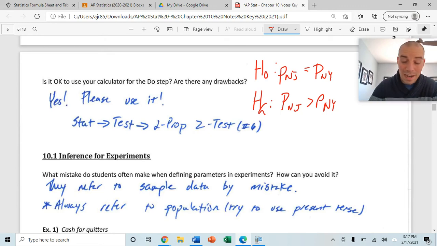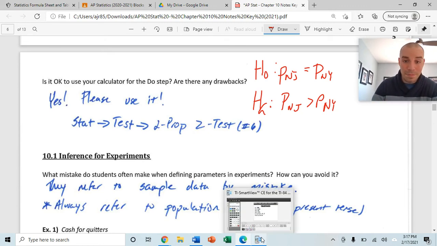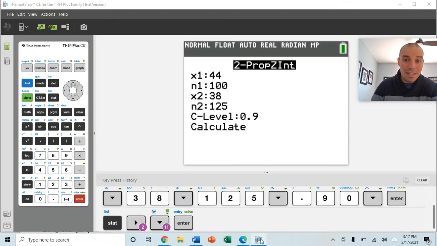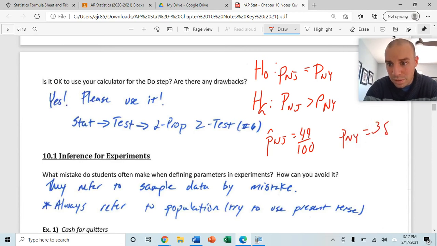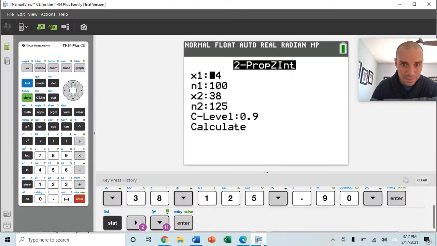So just to kind of give you an idea of how this would work, we'll use those same values that I made up here. Maybe my sample proportion for New Jersey, so my P hat of New Jersey, was 44 over 100, and my P hat for New York was 38 over, what did I say, 125?